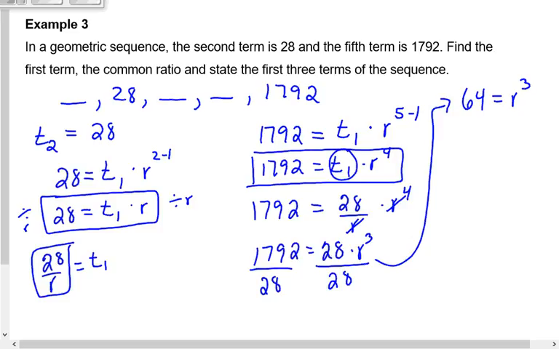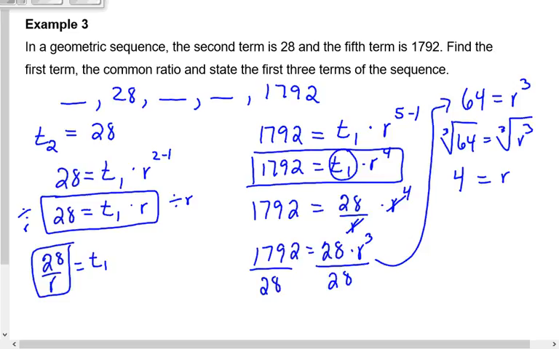Now we need to solve for r, so we're going to take the cubed root of 64 and the cubed root of r cubed, leaving us with 4 equal to r.